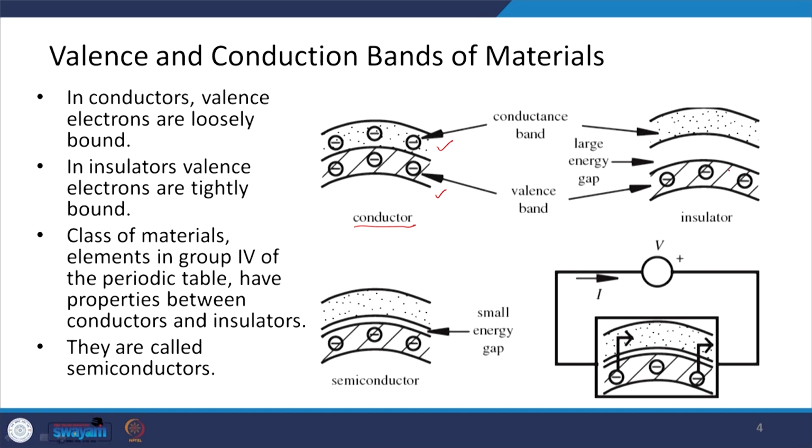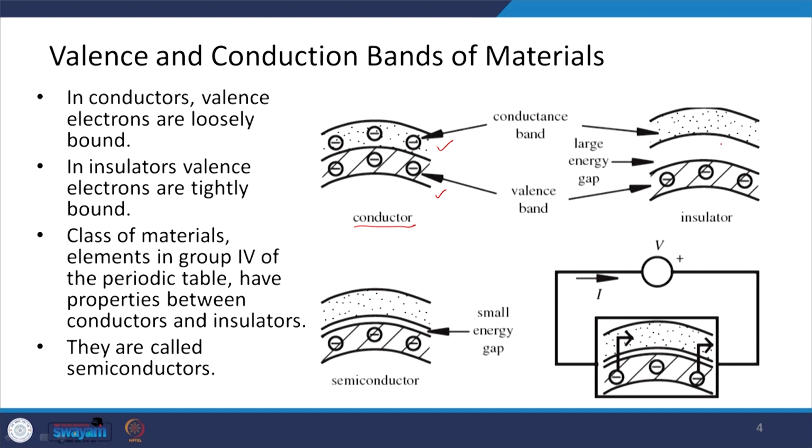That is, if an electron has to move from the valence band to the conduction band, a very large amount of voltage is required to do so. So, there is a very large energy gap.